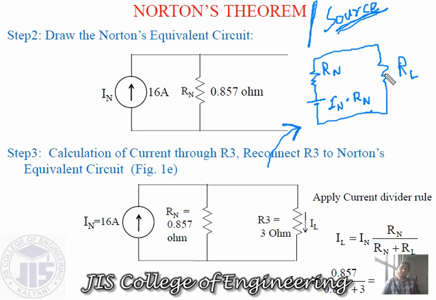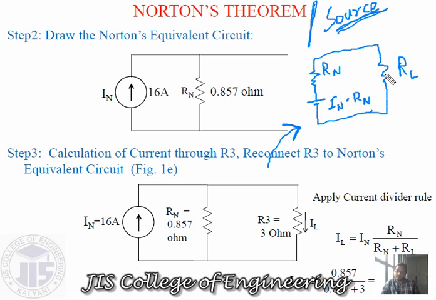Now the basic differences between Thevenin's and Norton's theorem: for Thevenin's theorem, first of all, we remove the load resistance and find the open circuit voltage. Instead, in the case of Norton's theorem, we replace the load resistance with a short across the terminal and find the short circuit current.